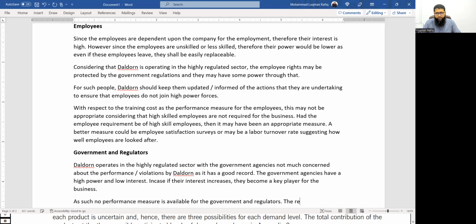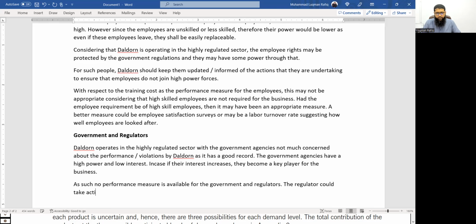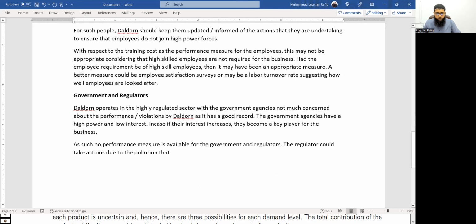The regulator could take action due to the pollution that is found in the soil.